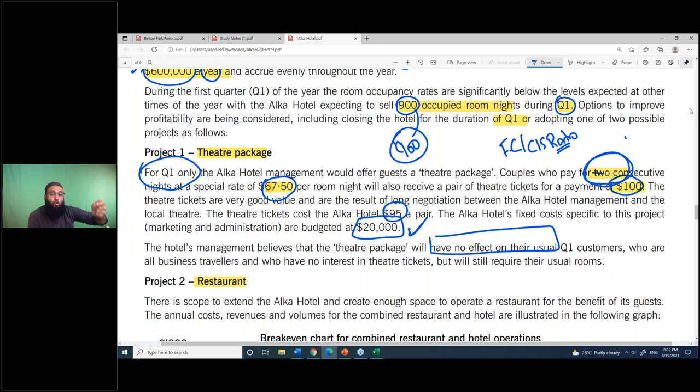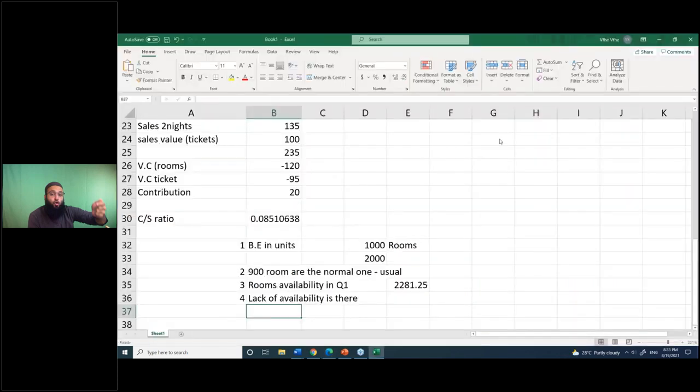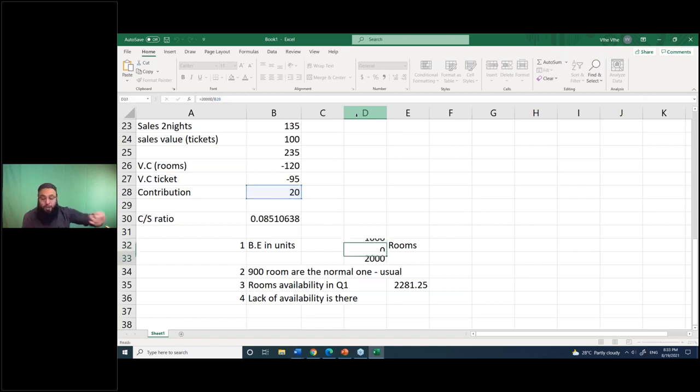Okay. How was 1,000 calculated and how was 2281? Let me explain this again with the calculations as well. See, listen. You can see here that 20,000 is your fixed cost for this theater project. And I'll divide this with contribution per unit, right? So I'm getting the answer of 1,000.